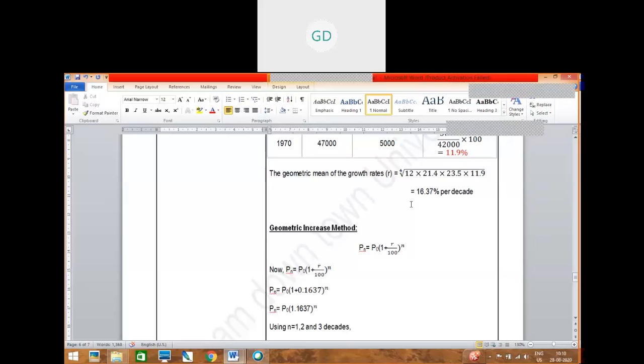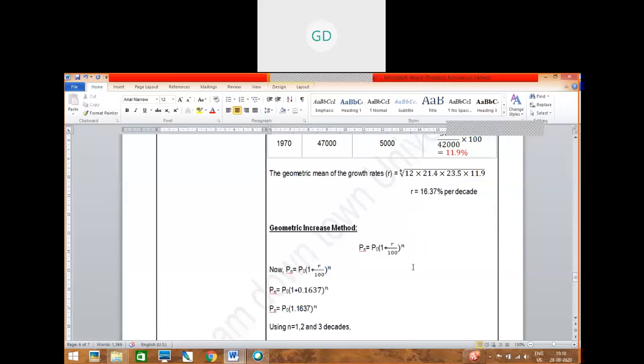Yes, ma'am. Okay, so you got the geometric mean. Now that means you got R. This is your small r value. Now this will be small r. The r value you got is 16.37%.